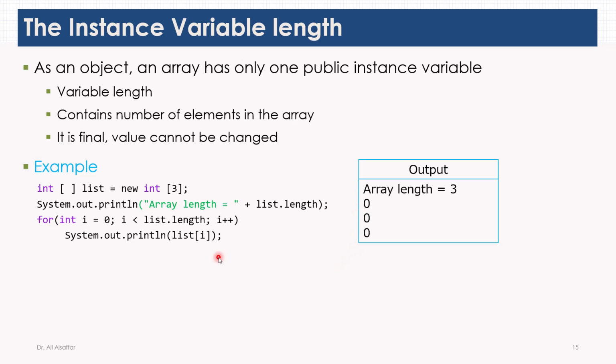The question is, do we really need to use length for every for loop that we want to use to process an array? The answer is no. If the array is completely used for your data, then you can use length in your for loops.